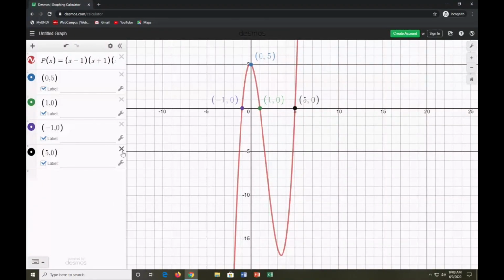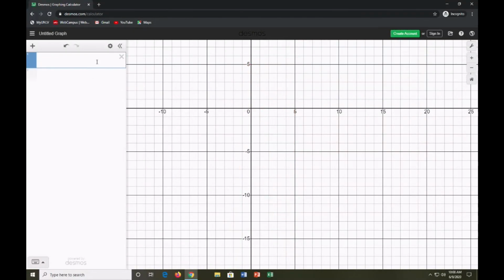Okay, so let me delete all of this. So in this case, the polynomial was (x minus 1) squared times (x minus 4). Okay?